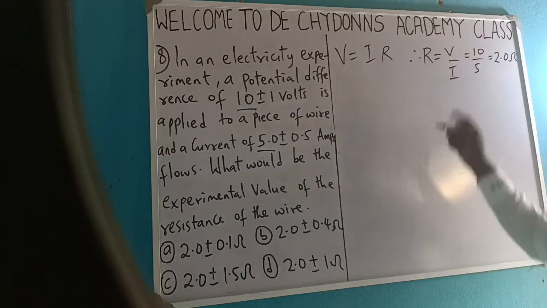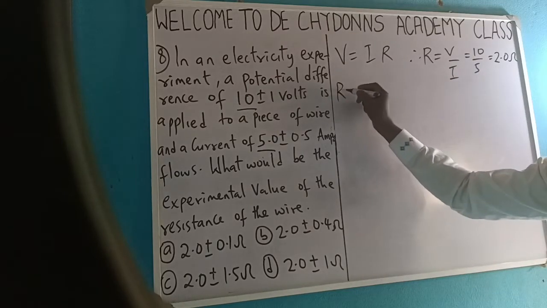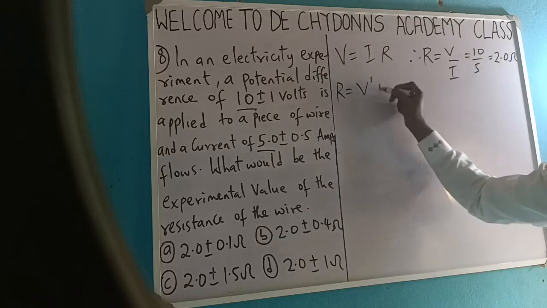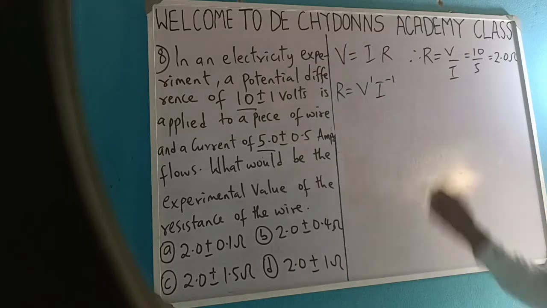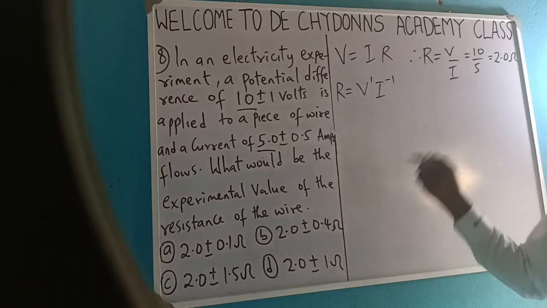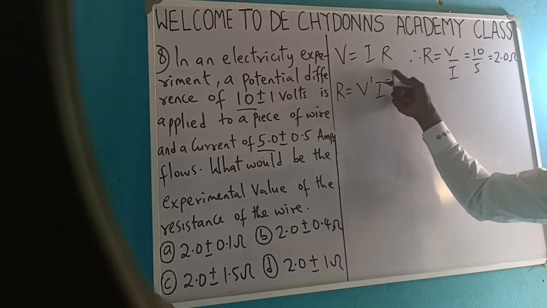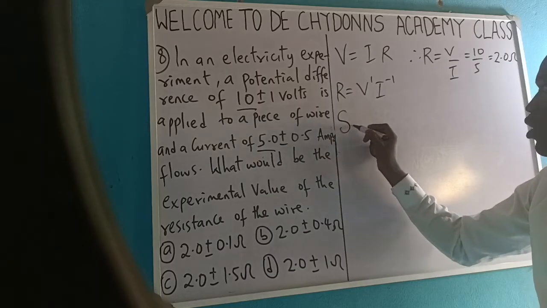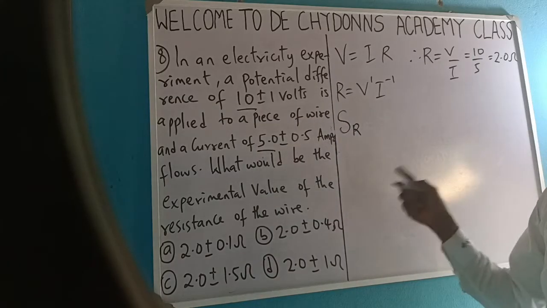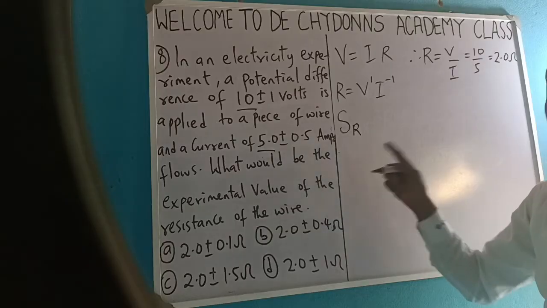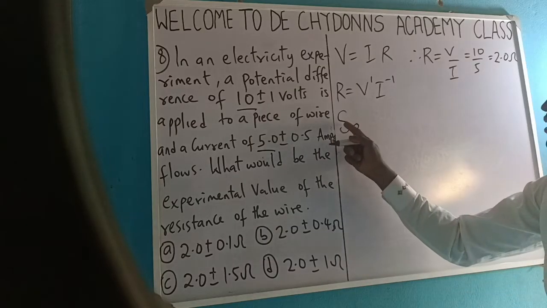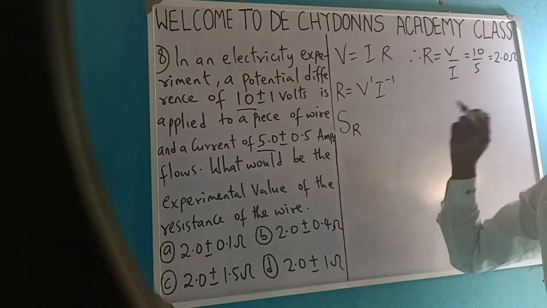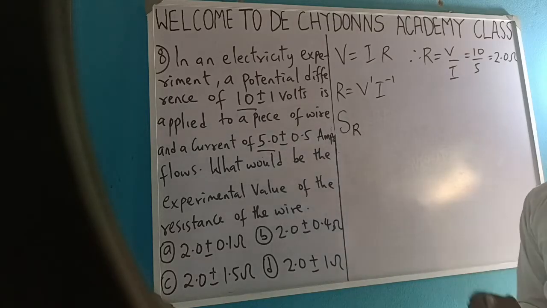To get it, ask yourself, R is V raised to power 1, I coming up, I raised to power of -1. Now, because this I has the negative power, we will use this to find the error in the effective resistance of the resistor. We'll call this the standard error of getting the effective resistance of the resistor.